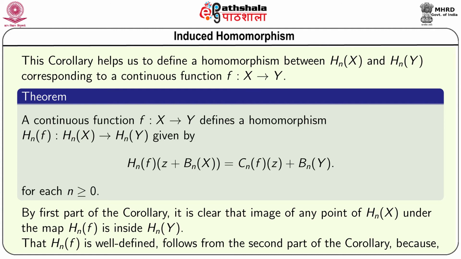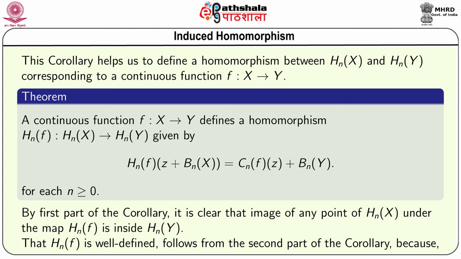And the map is very naturally defined, that if we start with a continuous function f from x to y, then we can very well define a function Hn f from Hn x to Hn y for every n greater than or equal to 0 by the formula that it takes an element of Hn x. A typical element of Hn x will look like z plus Bn x, a coset of this form, where z is taken from Zn x.